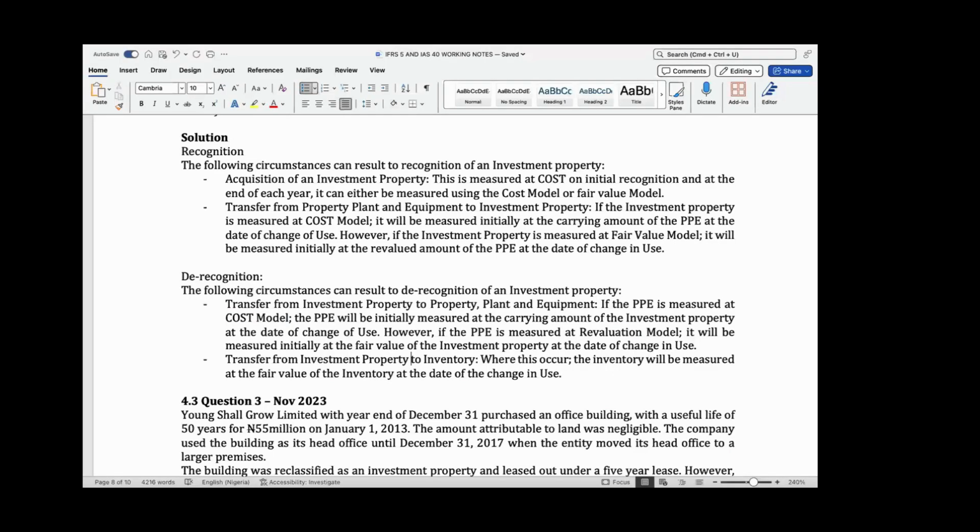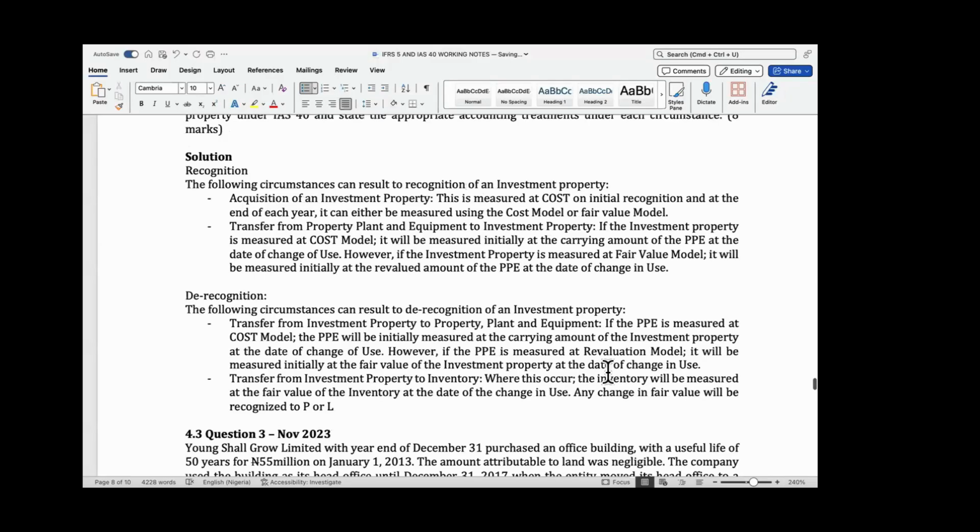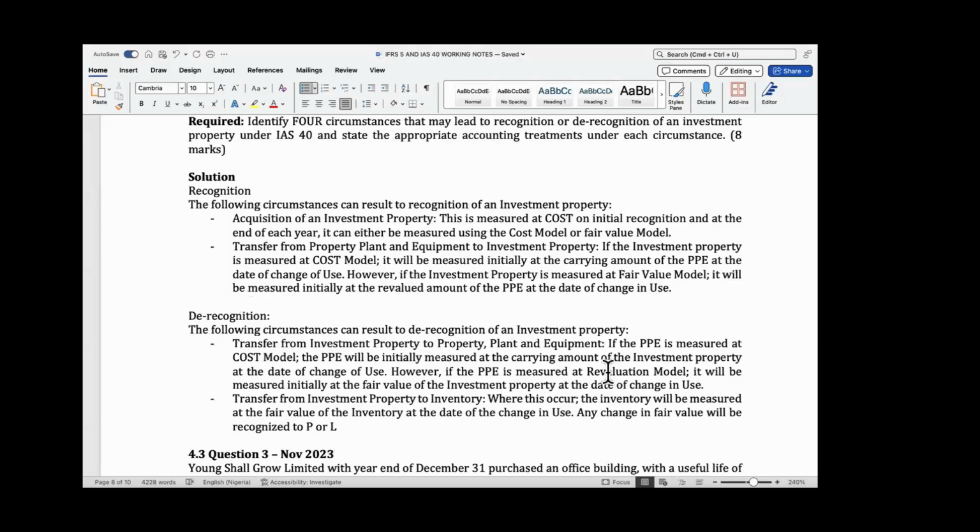In this case, any change in fair value will be recognized to PL. That was for 8 marks, so it's not trivial. It's a lot.